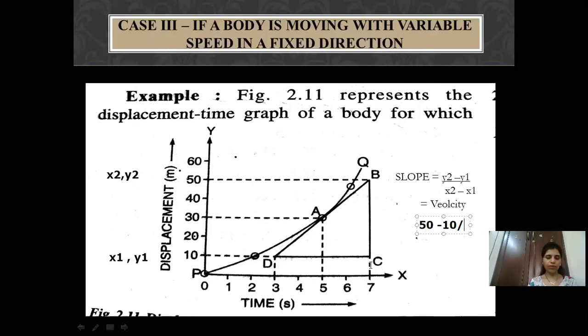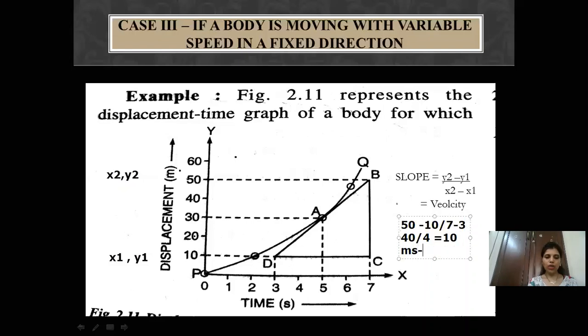So x2 is 7, minus the value of x1, which is 3. Okay, so now 50 minus 10 is 40, divided by 7 minus 3 which is 4. So that will give me the answer as 10, and as it is displacement upon time, it is going to be meter per second.